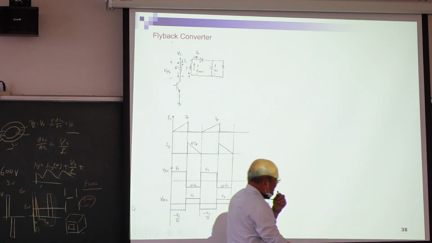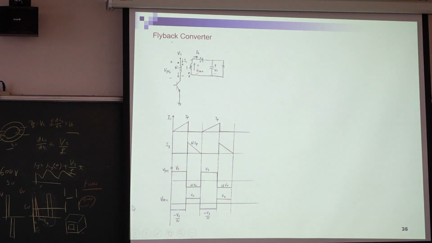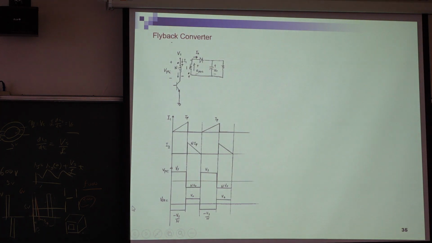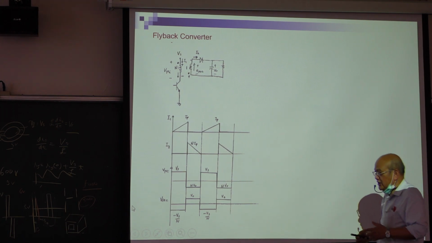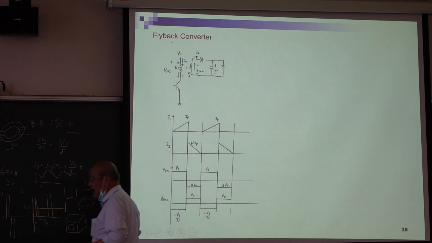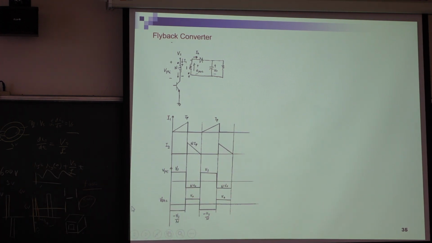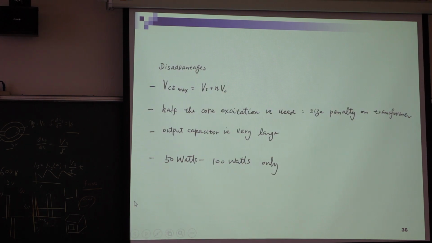If you buy a switch with a voltage rating of only 300 volts, but now you say I need a 3000 volt switch, then the switch becomes more expensive, right? So the switch voltage becomes larger, twice. So this is one disadvantage.